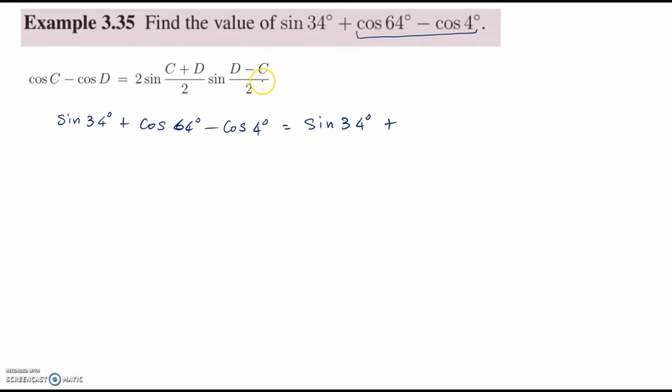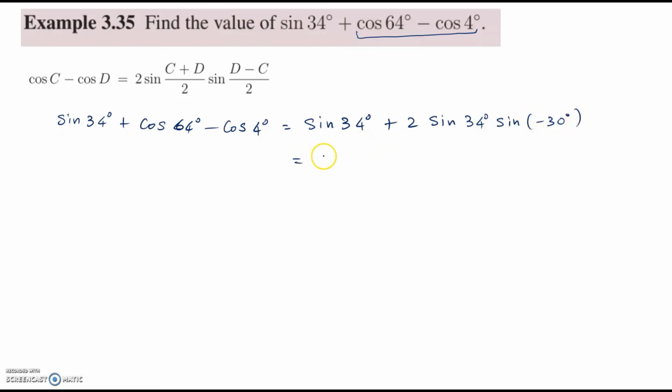Let's substitute this formula, which is 2 times sine of (64 plus 4) by 2, which is 34 degrees, into sine of (d minus c). So it's 4 minus 64, which is minus 60, by 2, so that will be minus 30 degrees.